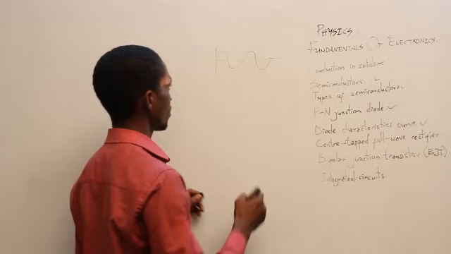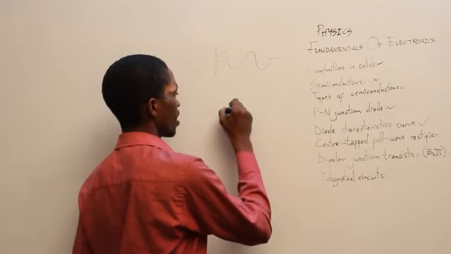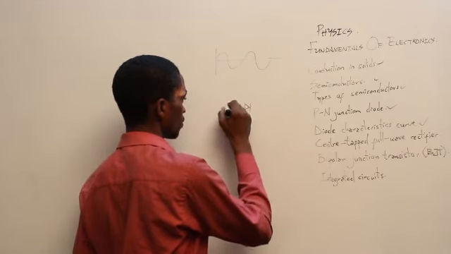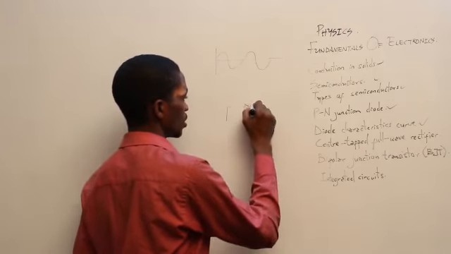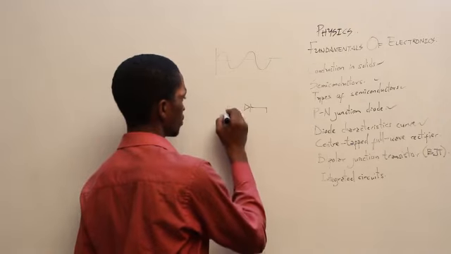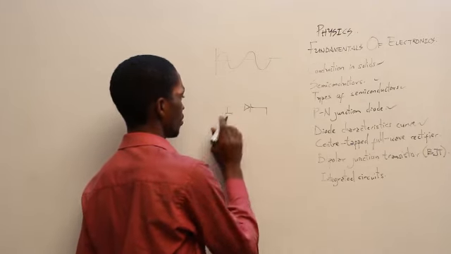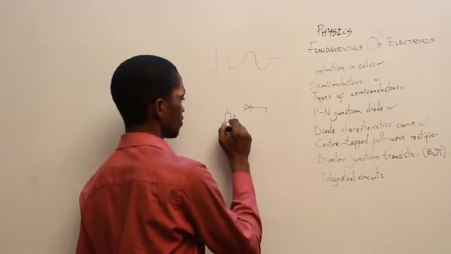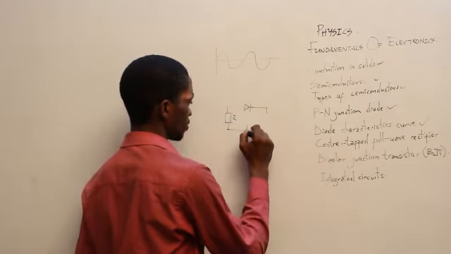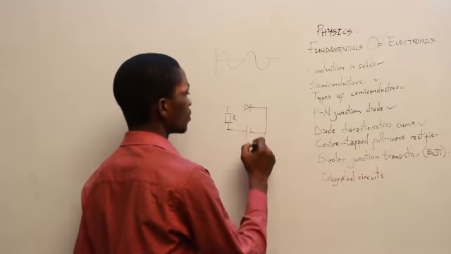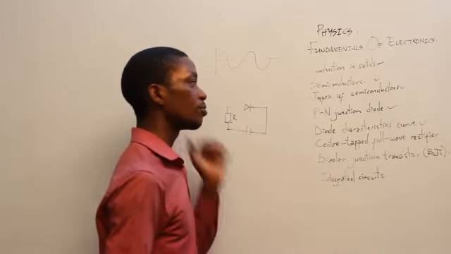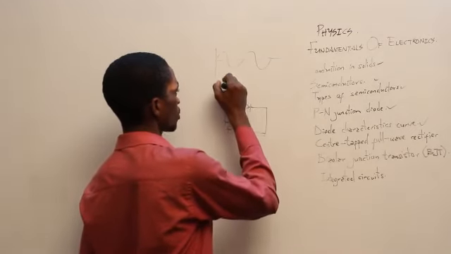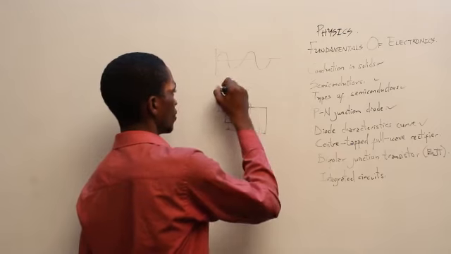The half wave rectifier. In the half wave rectifier, we have one diode connected to a system. Probably we have a resistor, probably not, but let's just place a resistor there. This is a half wave rectifier design, and the product would be something like this.